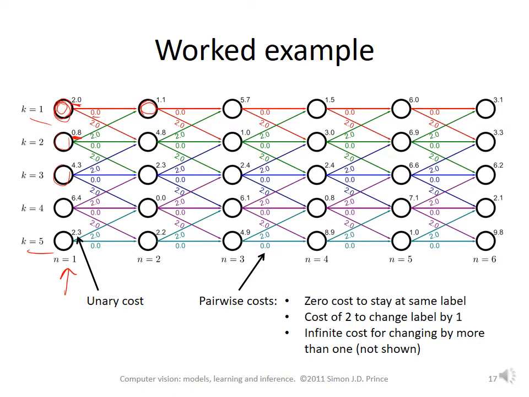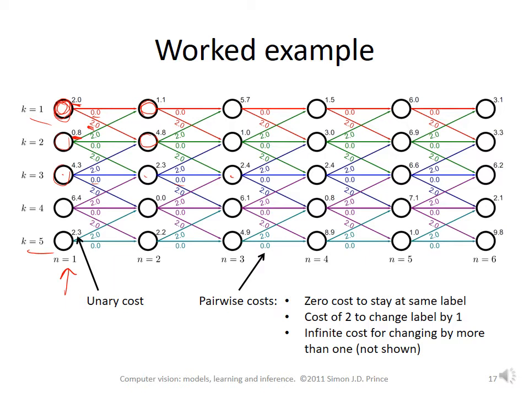This pairwise cost function is saying if you aren't changing the label, so you stay with the same label, giving 1, 1, 1 across, or giving 3, 3, 3 across, for example, then you're going to incur repeatedly pairwise costs of 0. But if you want to change from a particular discrete label 1 to a discrete label 2 in the neighbor, you're going to pay a fixed penalty of 2.0.